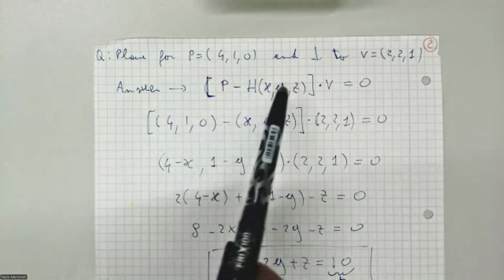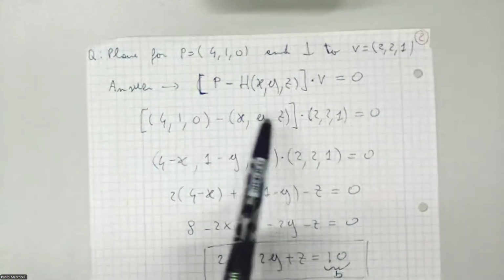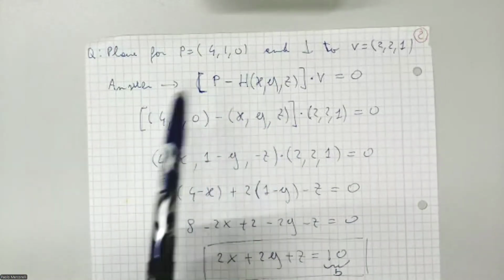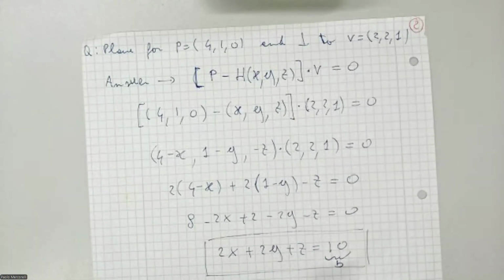Because P belongs to H, because if H equals P, we can see here, if X equals 1, Y equals 1, Z equals 0, it's satisfied. This means P belongs to the plane.